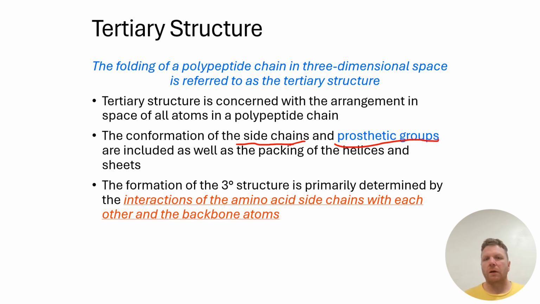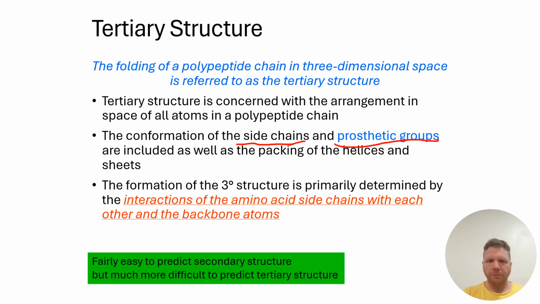Proteins have the same sort of thing. Prosthetic groups are chemical compounds that make a protein capable of doing something they otherwise would not be able to do. Now, those prosthetic groups are included in tertiary structure determination.